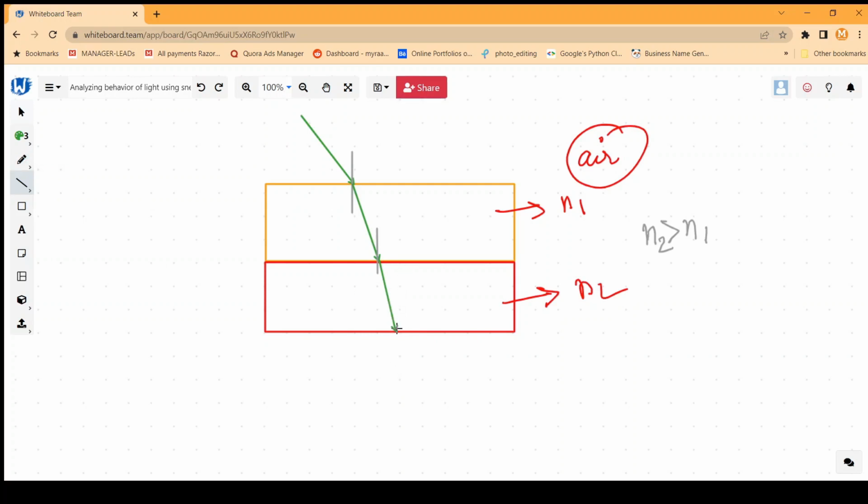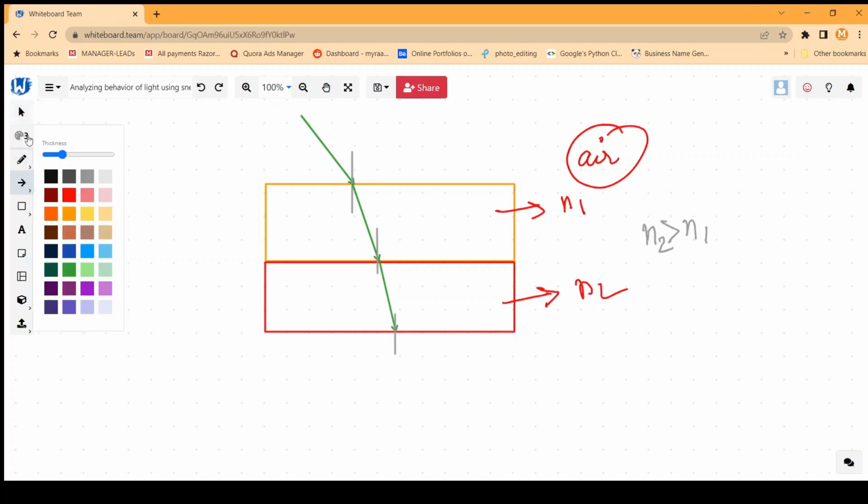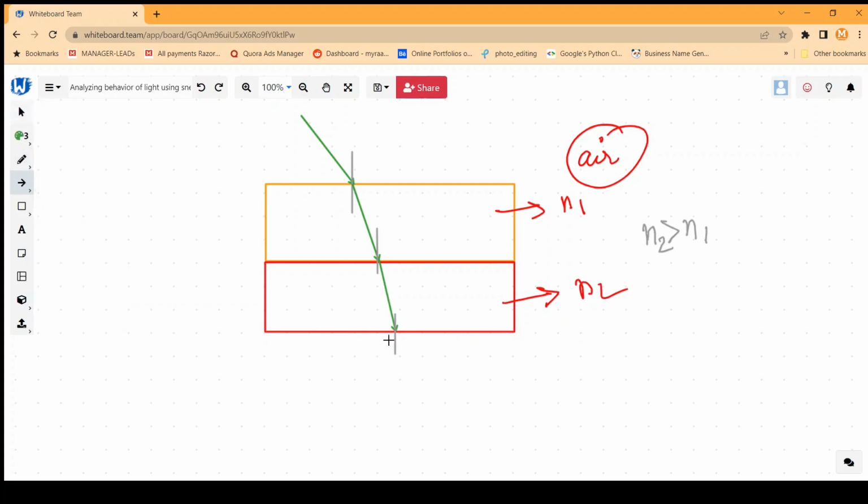So as it meets here, we need to again draw a normal. And now it is N2 and it is going to go out in air. So without refraction, we expect the ray of light to go straight like this.